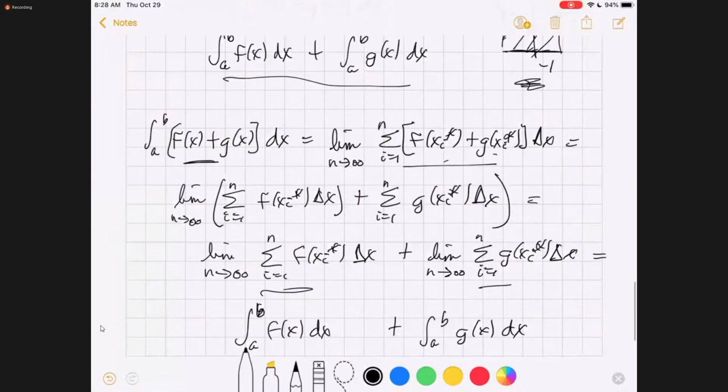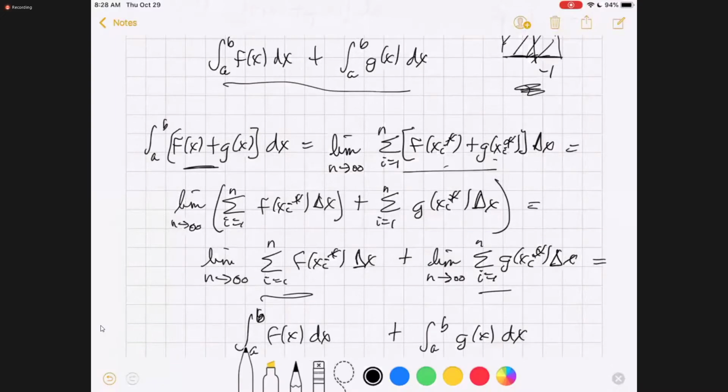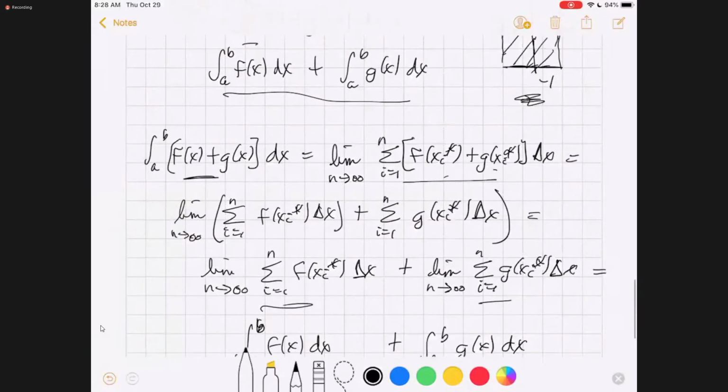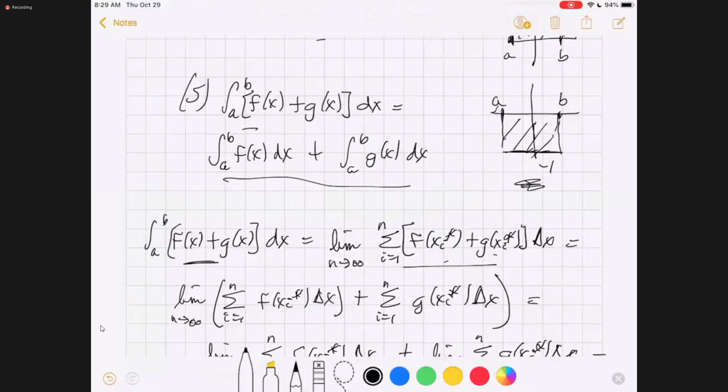So all these rules come straight out of the definition, the way the real numbers behave, and the limit laws. So that's another thing you can use.